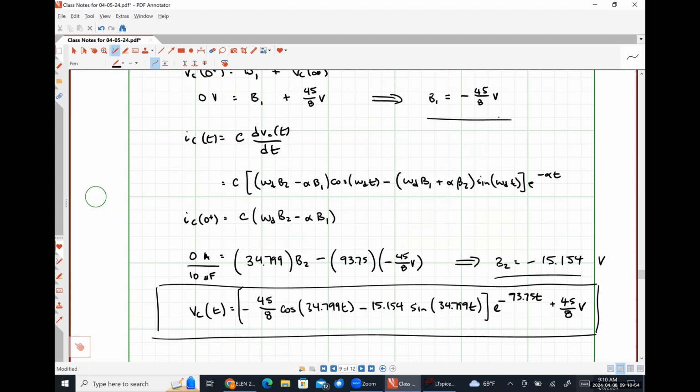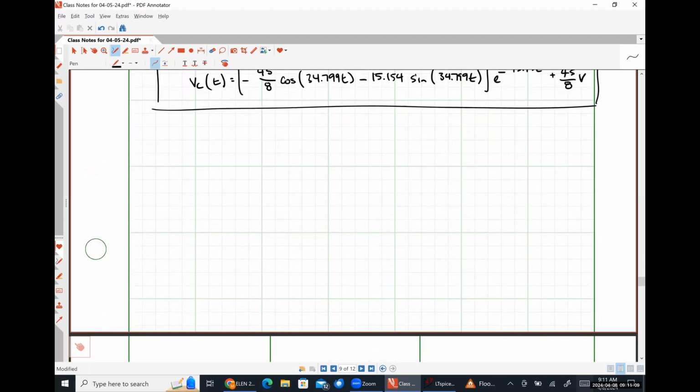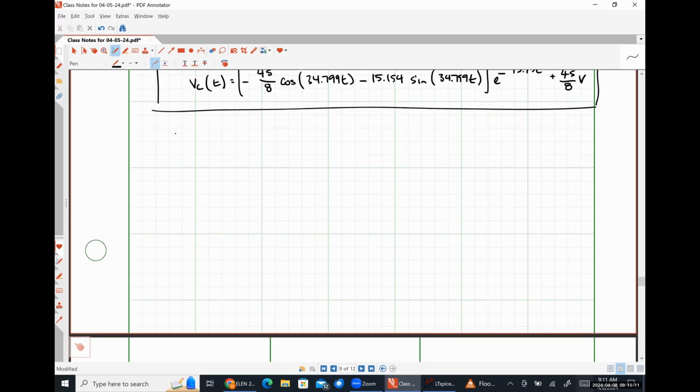What I mean is, to me, it's less work to set up a second system of equations using the table than it is to actually perform the calculus. So I'm going to set up the second system because all of the information is already provided to me. We'll run through that really quickly.